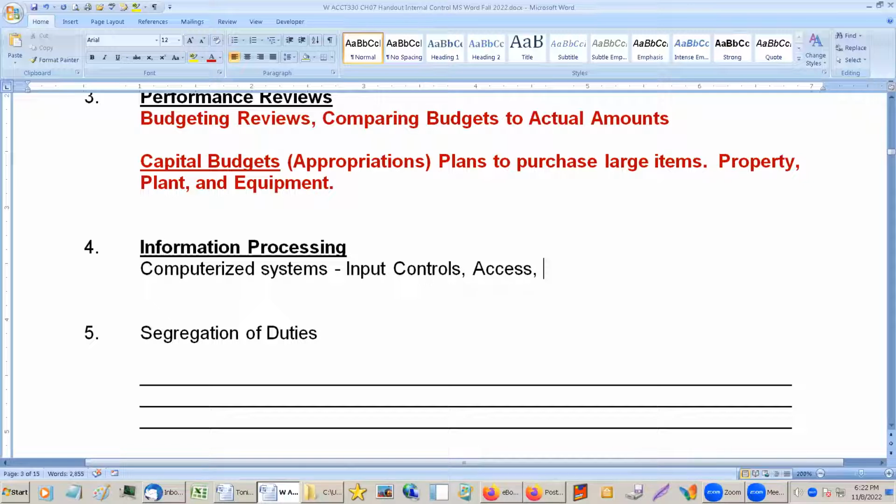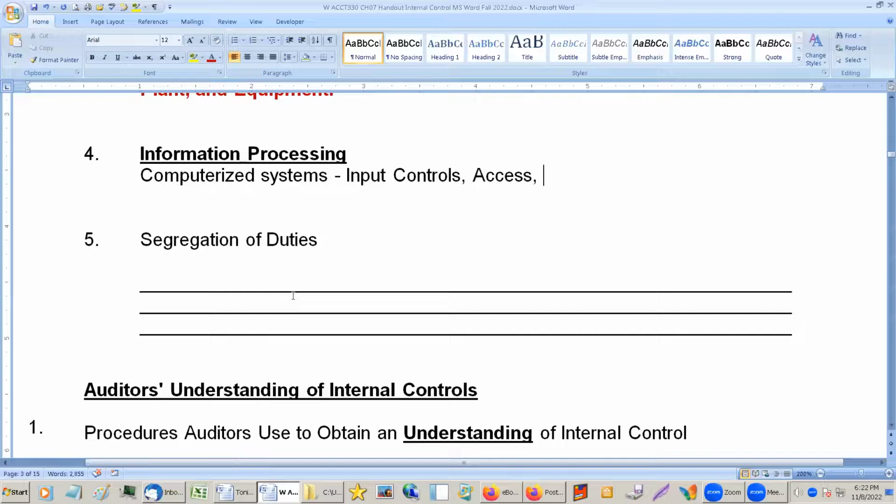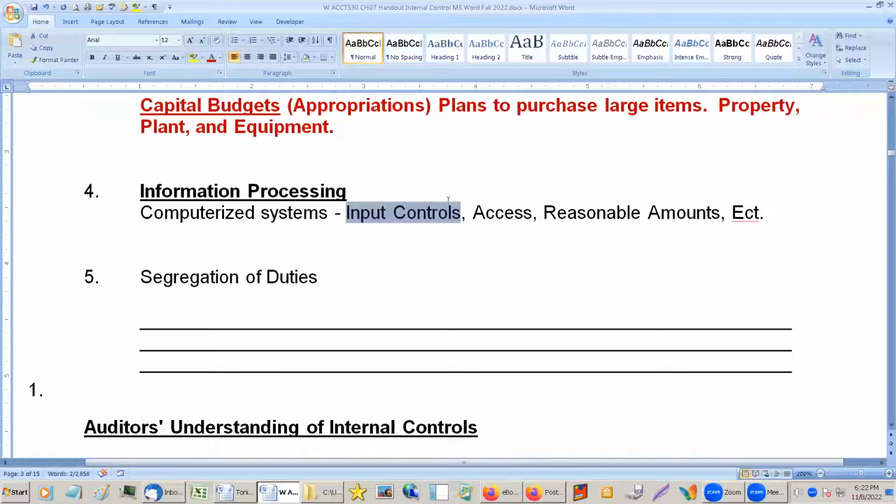There could be, drawing a blank on it. Okay. Controls that look for reasonableness, I guess. Maybe I'll put that in there. That's not actually what it's called. But like, so input controls, that you can't put in negative numbers or something like that in for inventory. Access, who gets to access it? Reasonable amounts. I can't spell, etc.